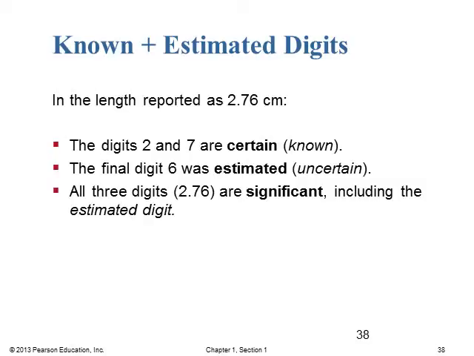And so that's just an estimated value, and there is uncertainty attributed to that. All 3 of these digits are called significant, including that estimated digit. We're going to talk about the steps of how we can determine how many significant figures are in a value, and then how many we are allowed to report in calculations.